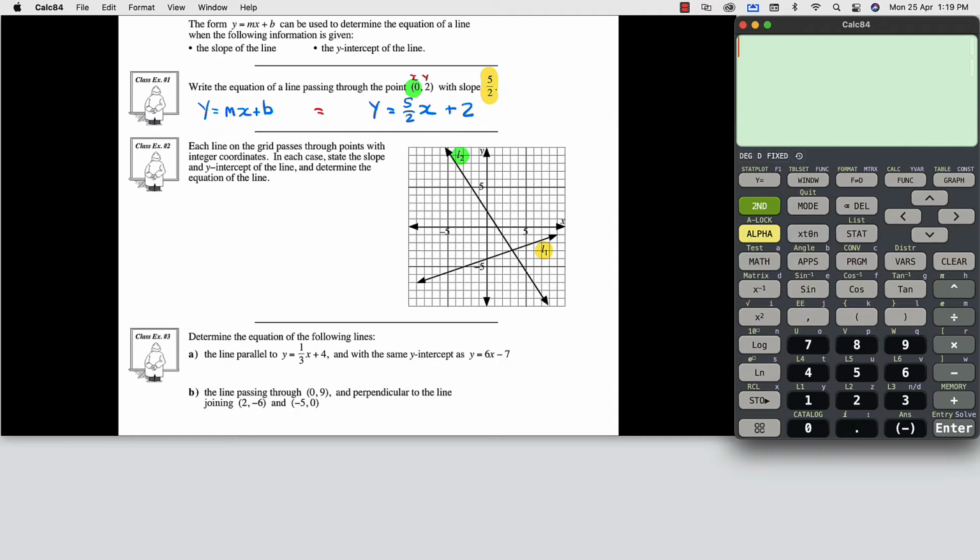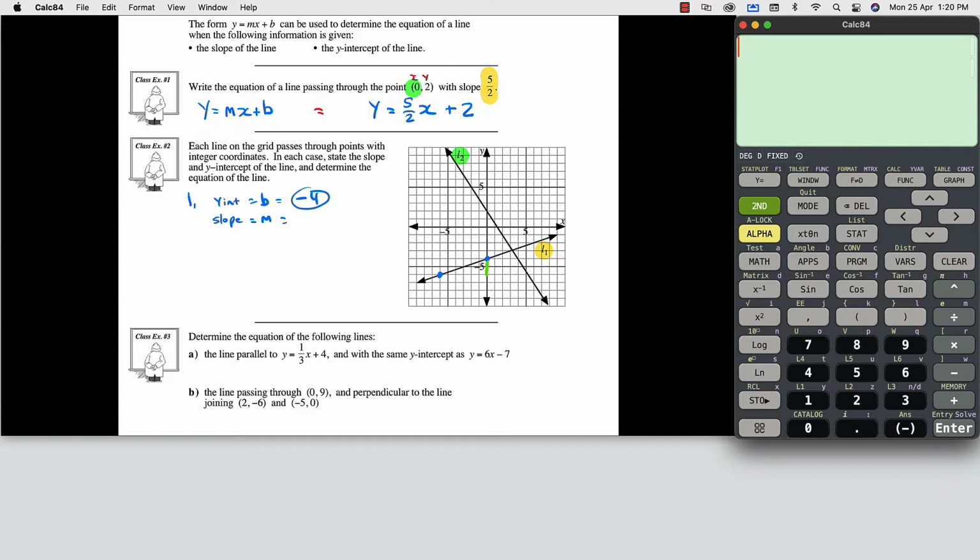So what points can I find on this? Well, here's my y-intercept right there. So on line number 1, the y-intercept, which is equal to the b value, is going to be -4, and the slope, which is our m, I just need to find another point to go to. So here's another point right there, and now I want to figure out the change in y.